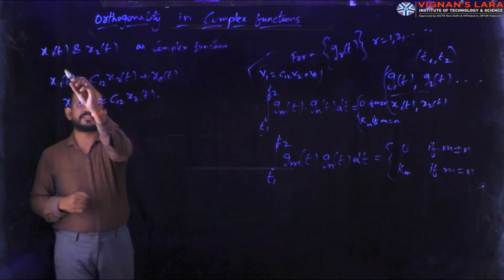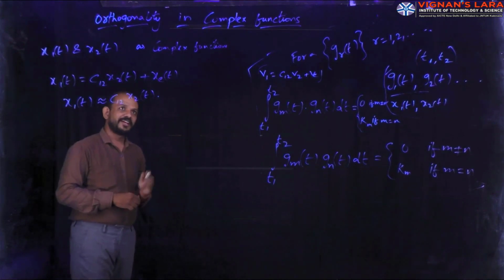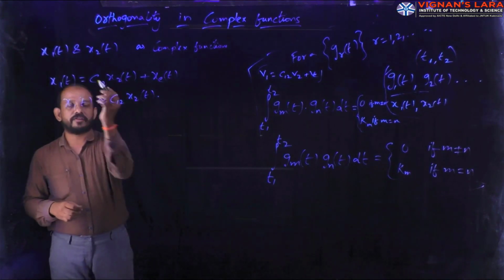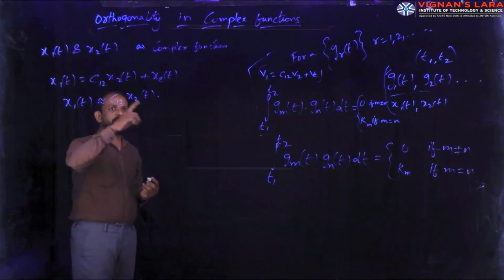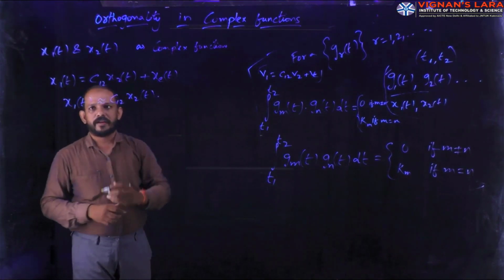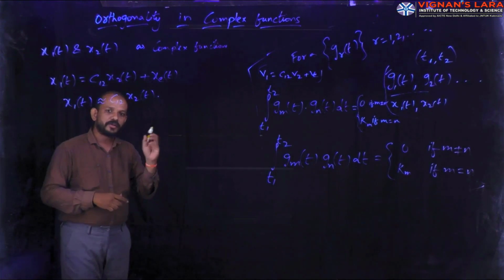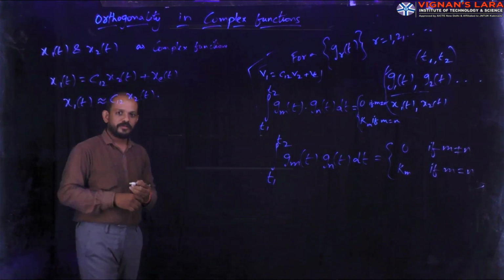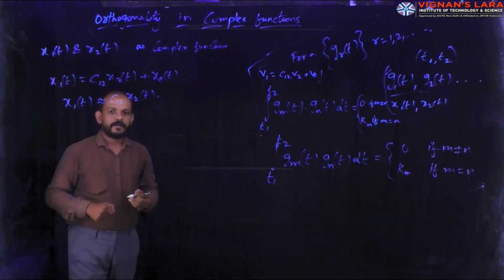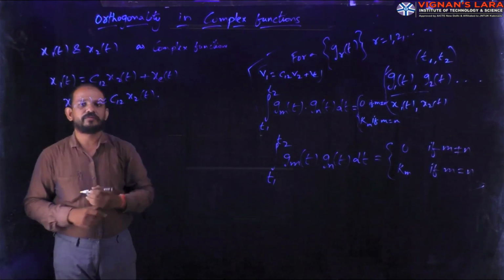For that I had taken x1 of t and x2 of t as complex functions, where x1 of t equals c12 x2 of t plus xe of t, and x1 of t is approximately equal to c12 x2 of t. Clear?